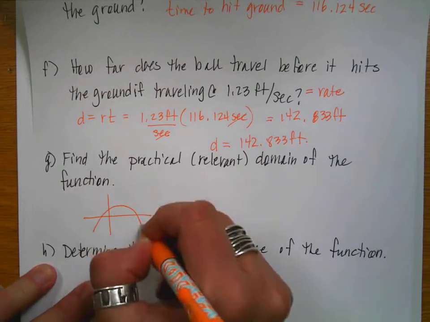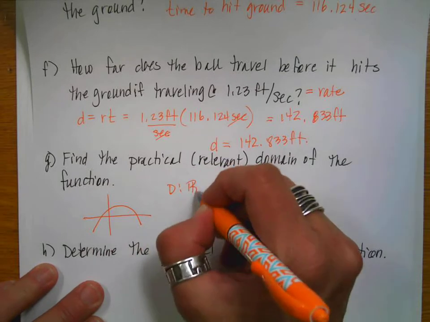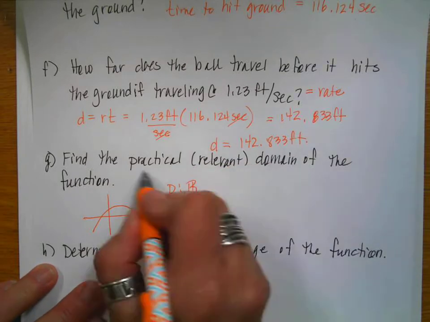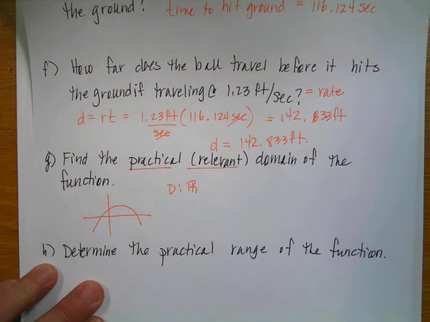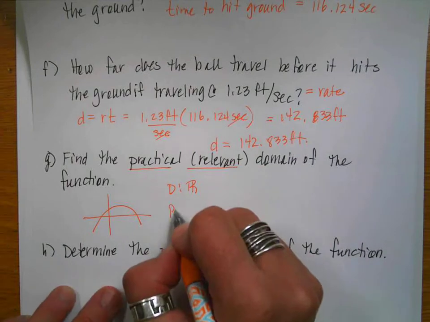So the next part of the question says, find the relevant or the practical domain. So basically what we have is an upside down parabola. So the domain of that is all real numbers. But the practical or relevant domain is that part of the problem that actually makes sense.